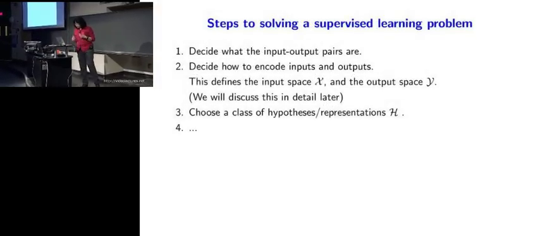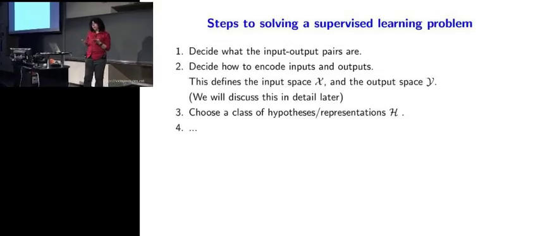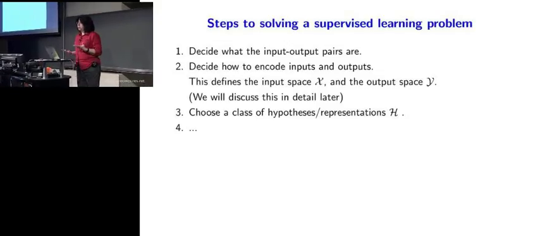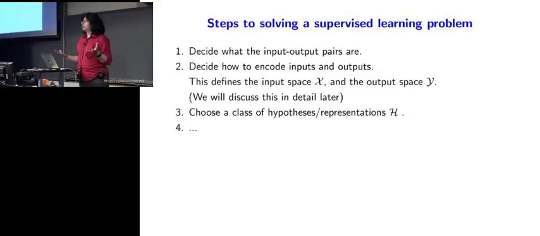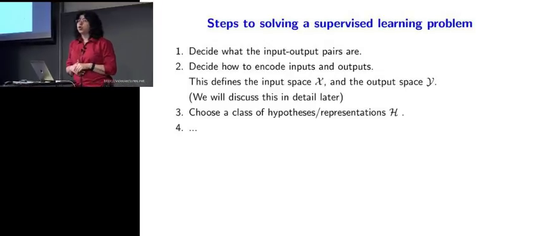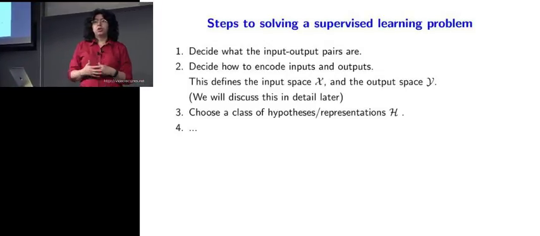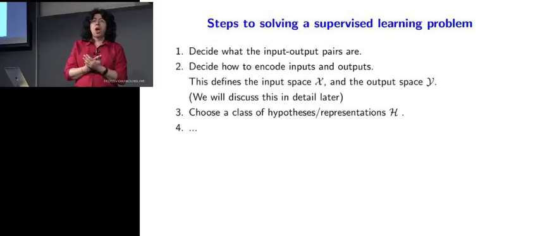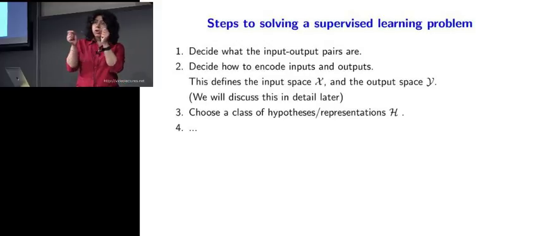So how are we going to go about solving this problem? First of all, we have to decide what the input and output pairs are. In this case, the data was provided to us, but in general, that's a choice that you have to make. So do you work, for example, with the raw image and extract some kind of visual features out of the image? Do you have somebody actually labeling certain things on the image, measurements, and so forth?